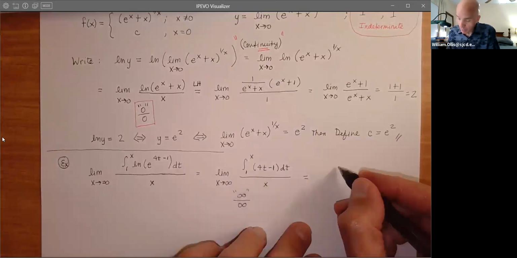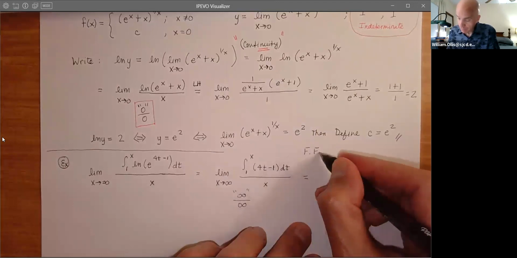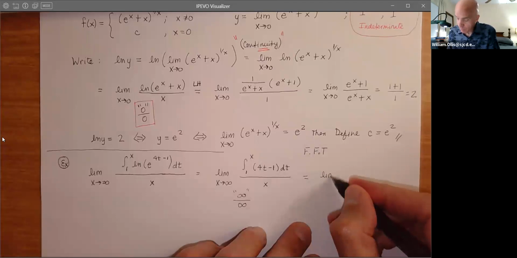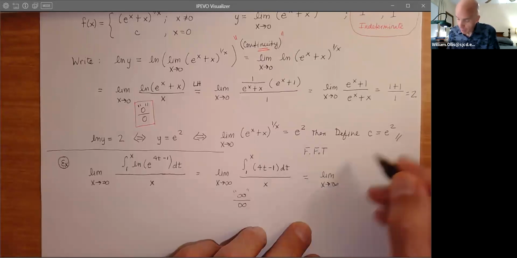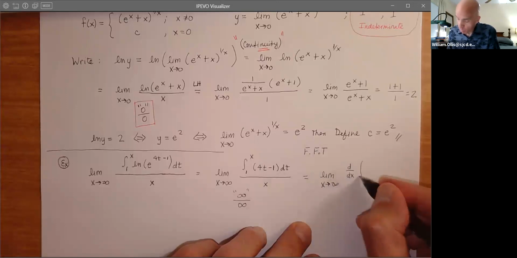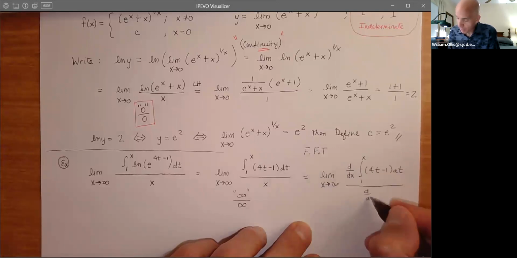So this is like the first fundamental theorem. So this will be the limit as x approaches infinity of the derivative with respect to x of the integral from 1 to x of 4t minus 1 dt. I'll just go ahead and write it out. Go ahead and put all the derivatives in.